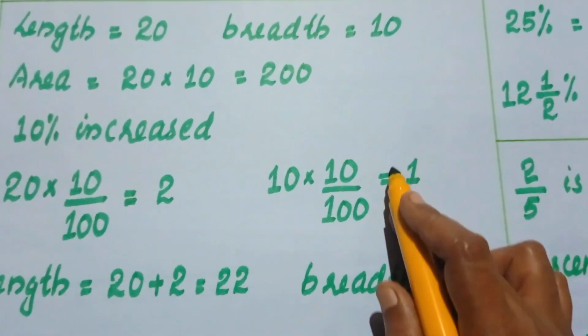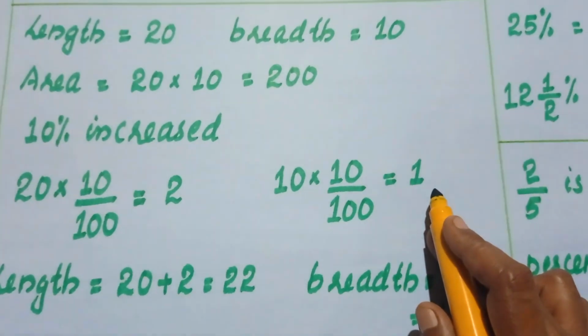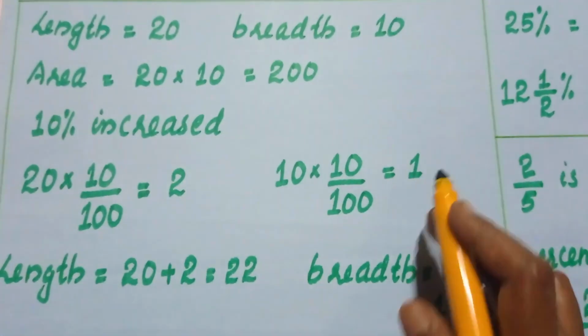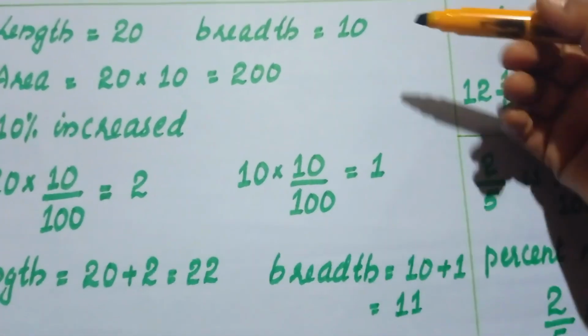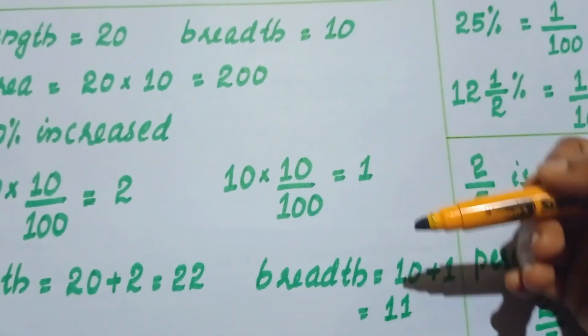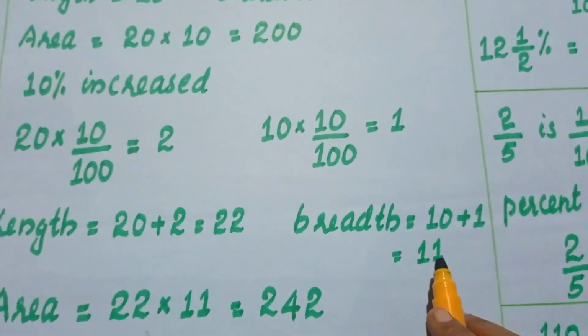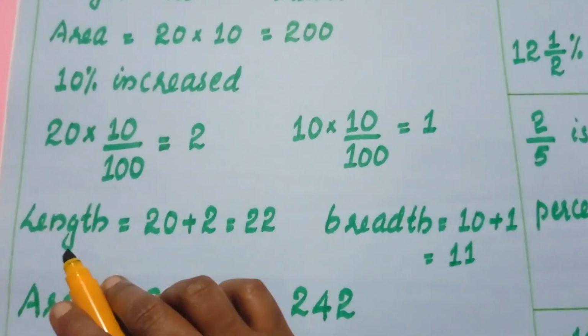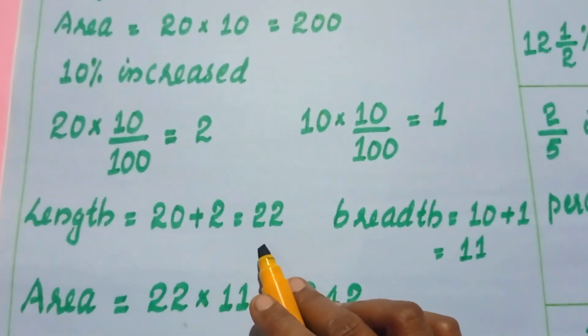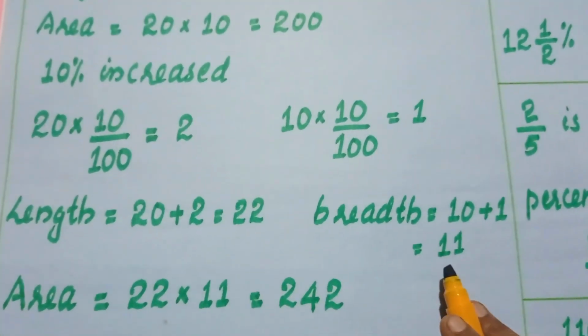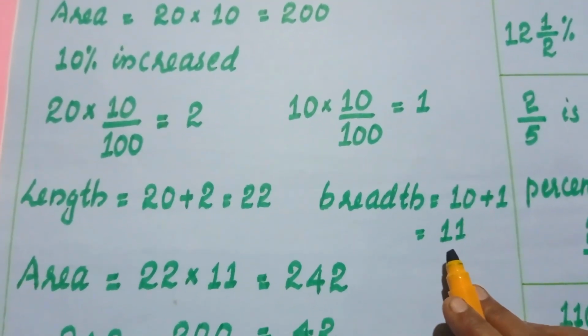Then 1 centimeter increased. Already breadth is 10 centimeter, 10 plus 1 is equal to 11 centimeter. Then the new length is 22 centimeter, breadth 11 centimeter.